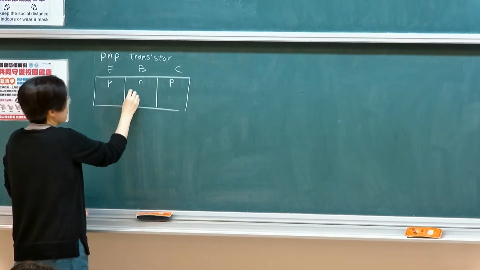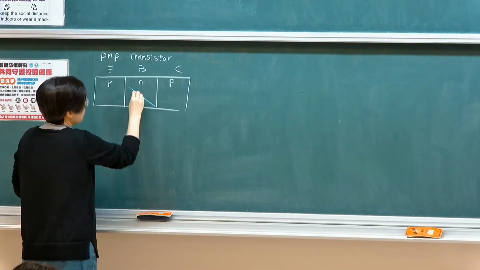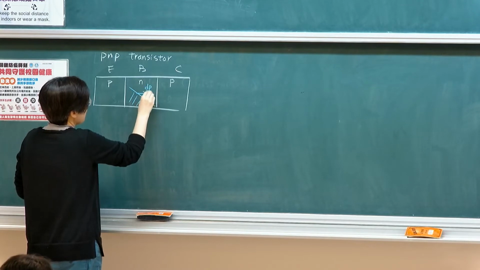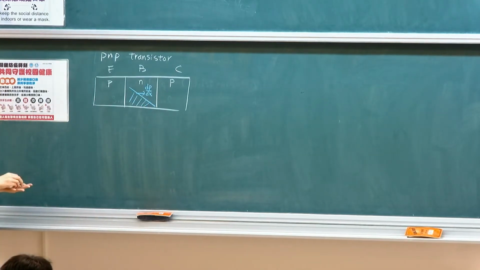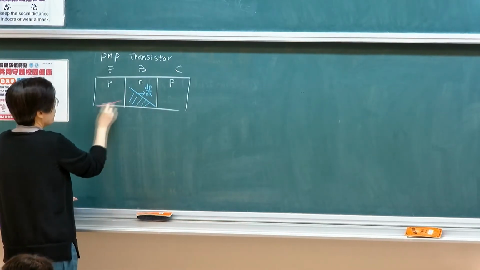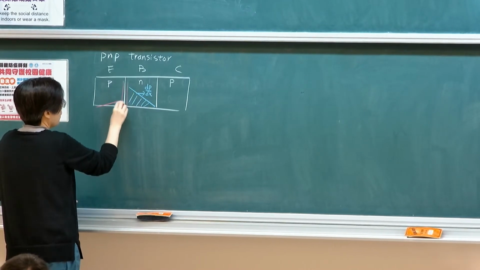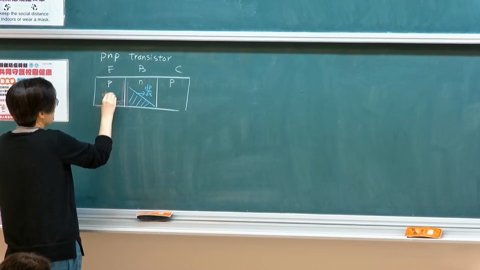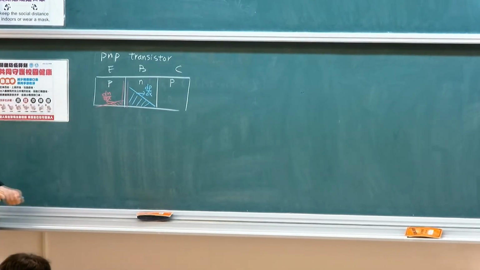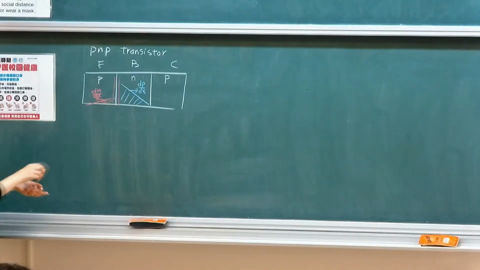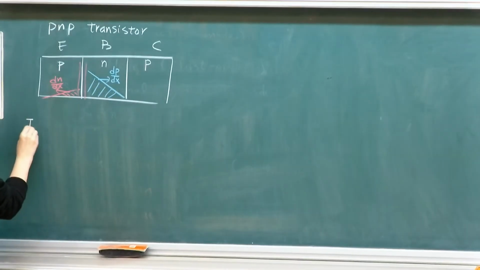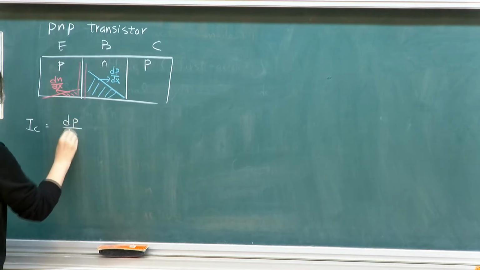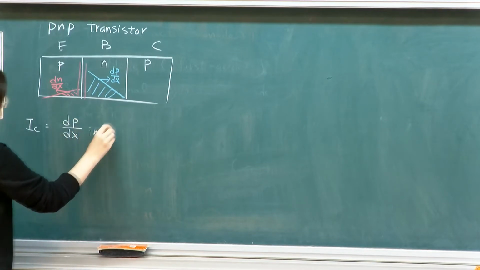When I forward bias the EB junction, the main current will be dPdx through the base, and my base current will be dNdx, depending on the emitter's electron current. So the collector current will be determined by dPdx in base.